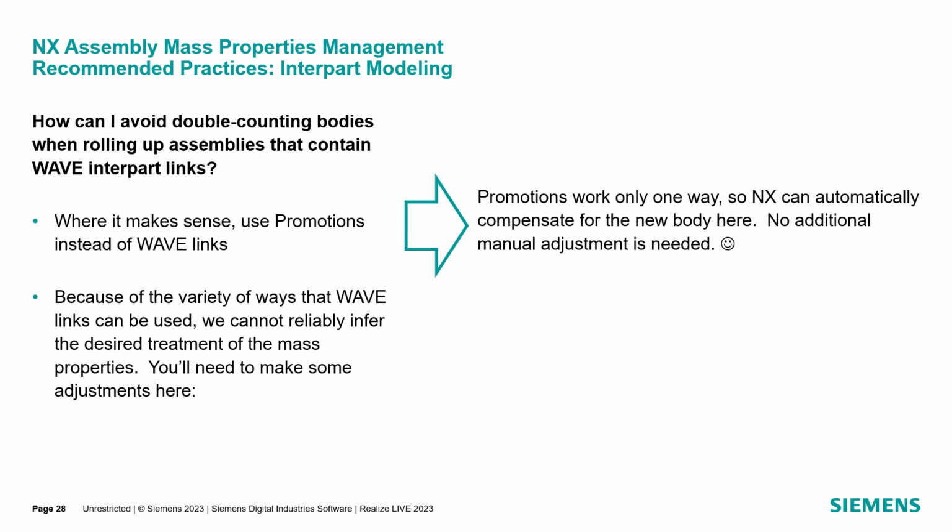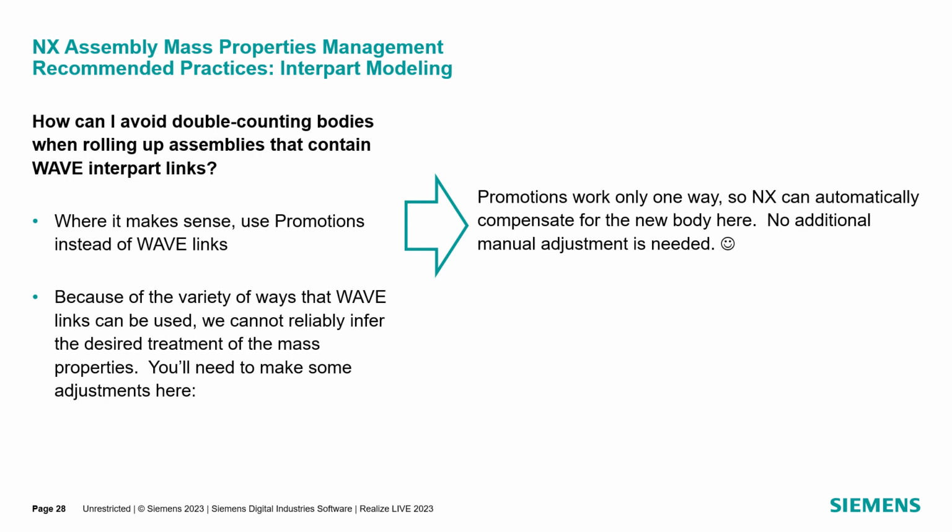So anyway, promotion is always one step up, and it's always intended to modify the body at the assembly level. And in these cases, we know that specific use case, right? We know how that's going to work, and so NX will automate the underlying mass properties offsets there, while using the same underlying technology for linking as wavelinks. Same mechanism underneath.